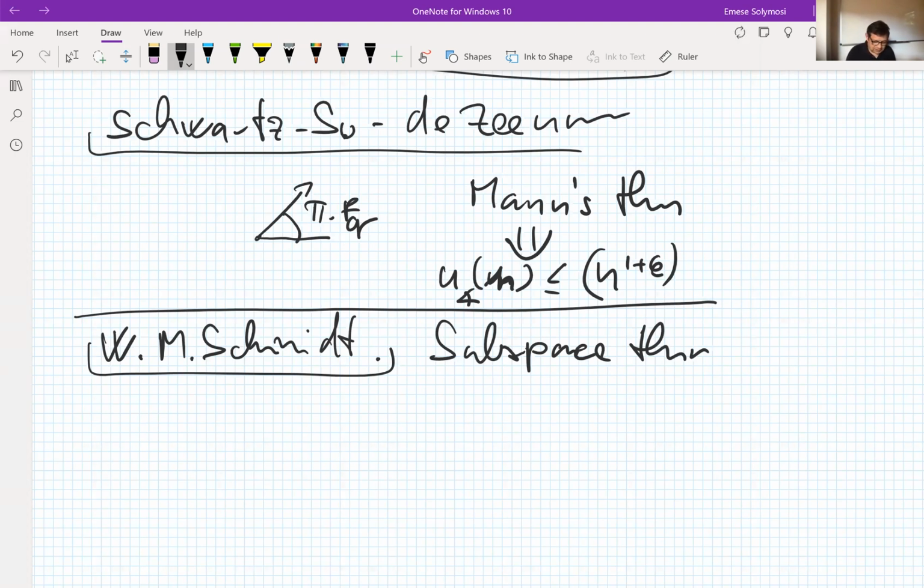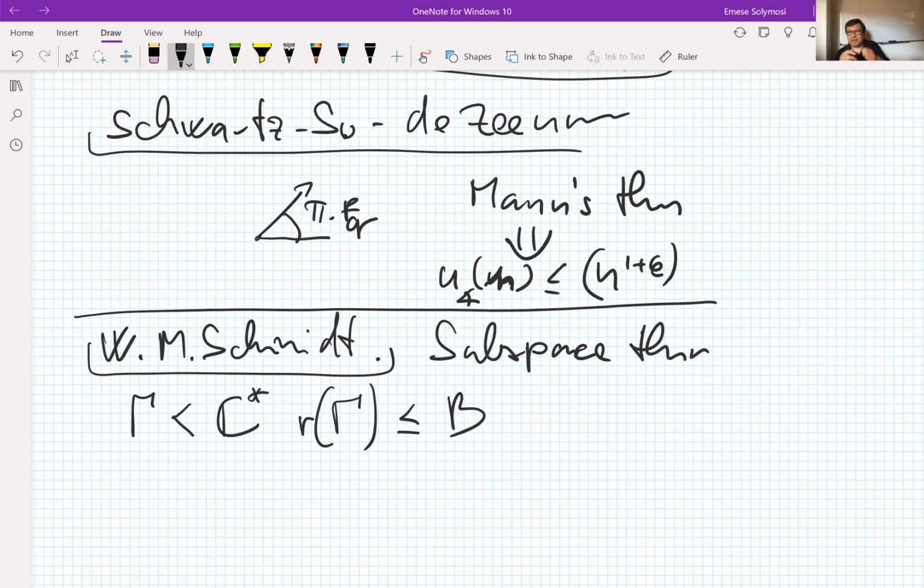It says that if gamma is a multiplicative subgroup of the complex numbers, and the rank of this gamma is bounded, smaller or equal than a bound, what does it mean? There are, say, r elements which will generate it: generator 1, generator 2, and up to generator r.